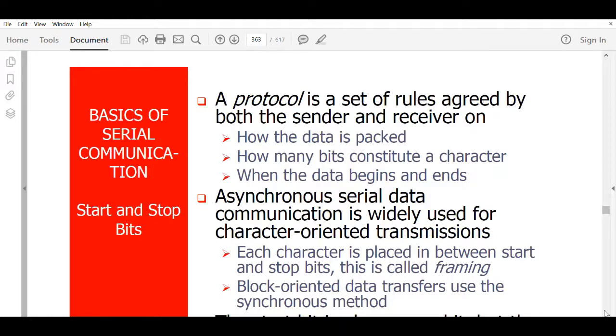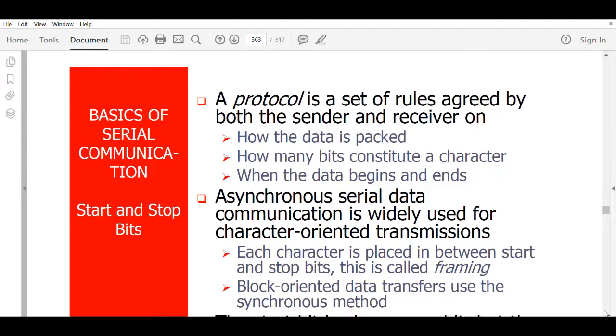Suppose there are parity bits, or a stop bit, a start bit. So in addition to the data, there are other bits also packed into the transmitted data. Suppose you have 1 byte of data sent one bit at a time.